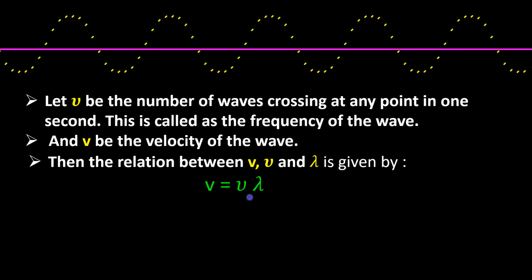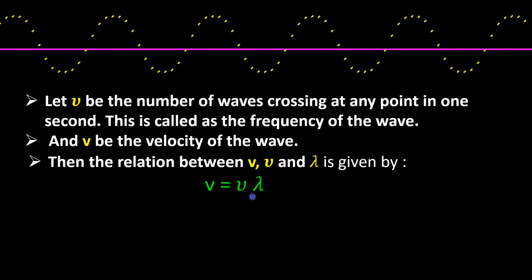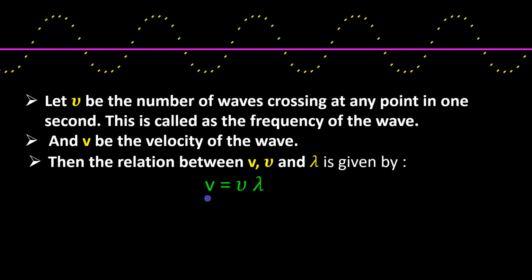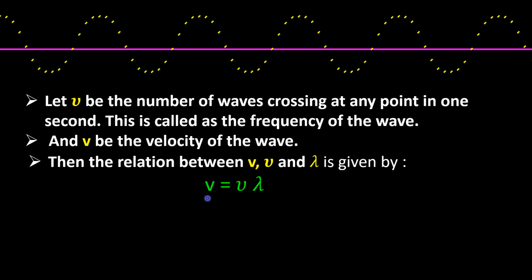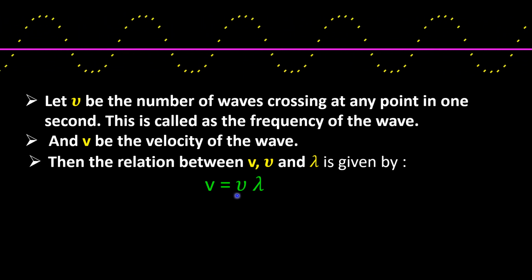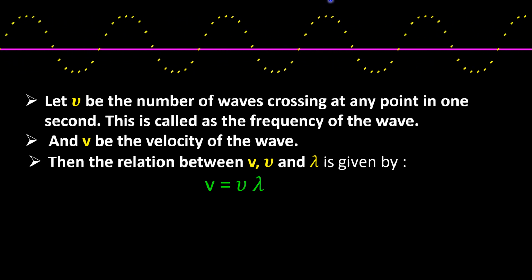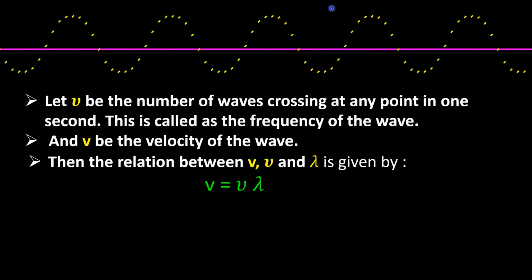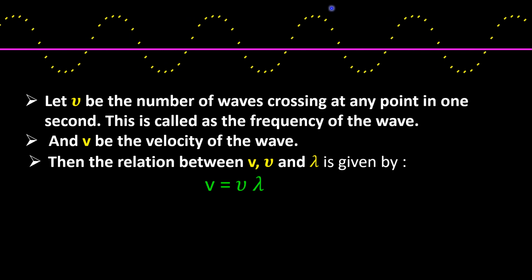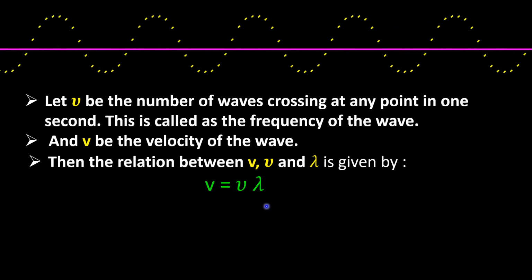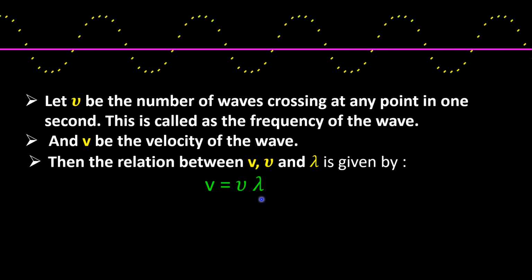Nu times lambda. V equal to nu times lambda. V is nothing but the velocity of the wave, and nu is the frequency of the wave. That means how many waves are passing in 1 second at any given point. So lambda is the wavelength.